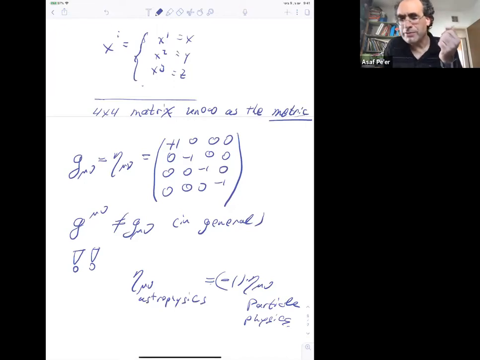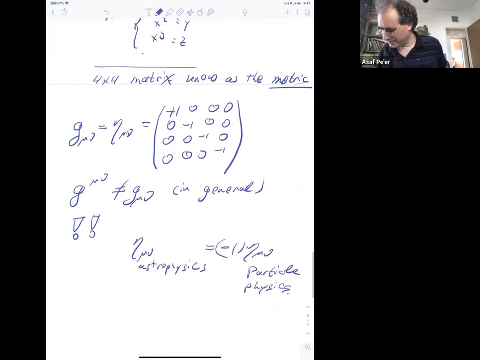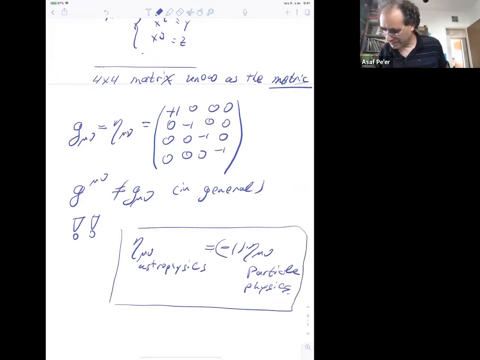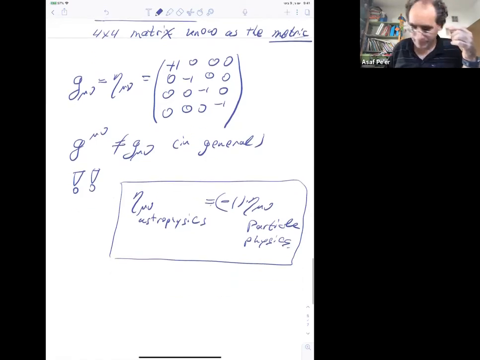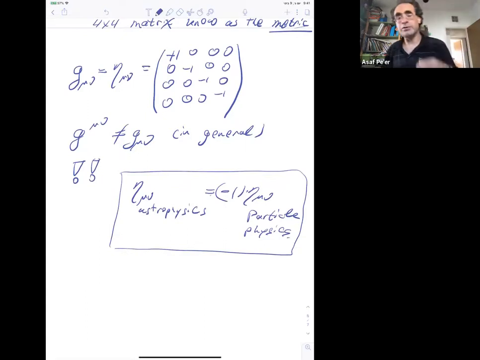Again, the clear reason for that is to confuse the students. I don't see any other good reason. Okay, if you're not confused, now it's the time to get you slightly more confused.